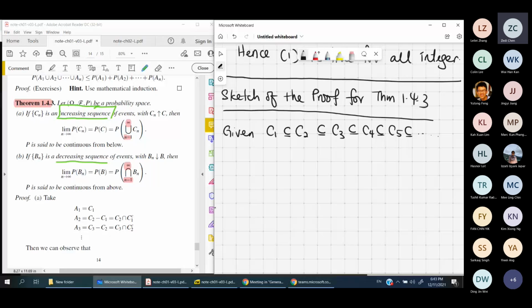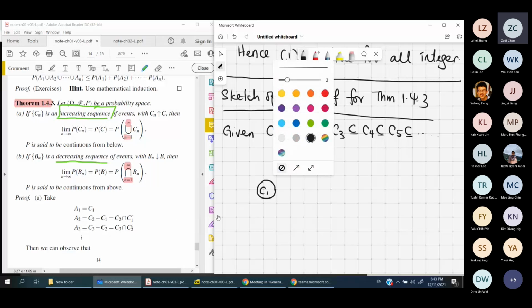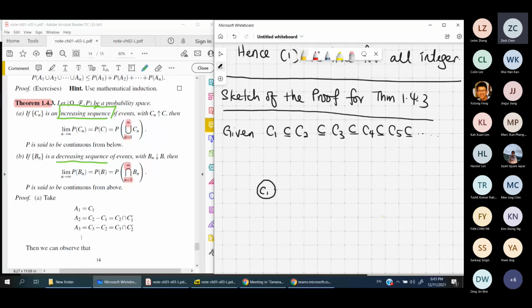Let's say this picture: this is our C1. And C1 is a subset of C2, which means C2 must include all of C1. Yeah, so this is our C2.